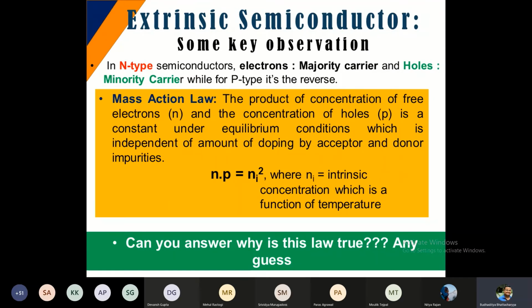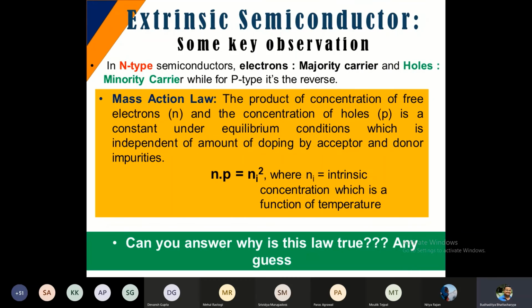But if it is P-type, the electrons are fewer, there will be acceptors, the holes will be more, hence holes will be the majority carrier, whereas electrons will be the minority carrier.